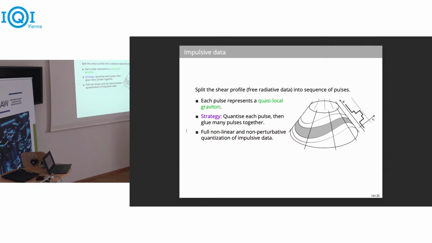Of course, you lose smoothness, but otherwise, in the limit where you have infinitely many such pulses and you stack them together, you can still reach any point in phase space for the radiative data.